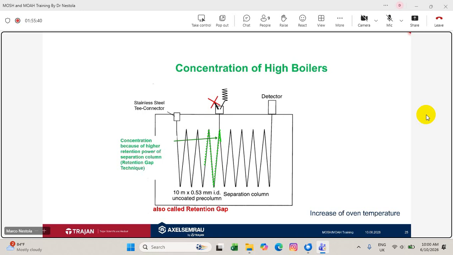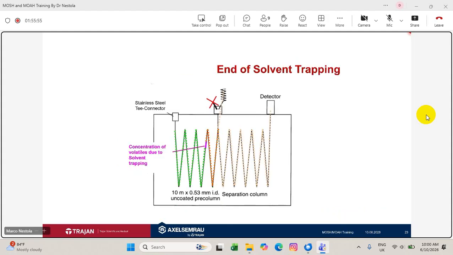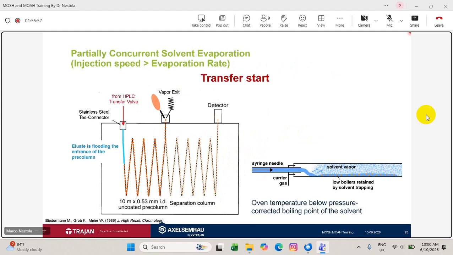I would like to ask: using this, we are injecting 500 microliters of HPLC solvent. So when you design your retention gap, what's the volume? That's not that important, because we are to prevent overflow, or you need to have enough space. Exactly, you need to have enough space. So this is typically a 10-meter column.